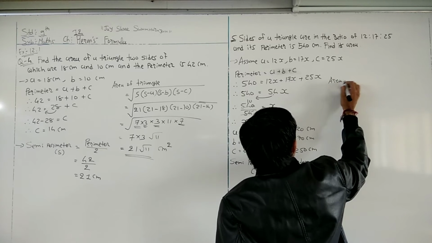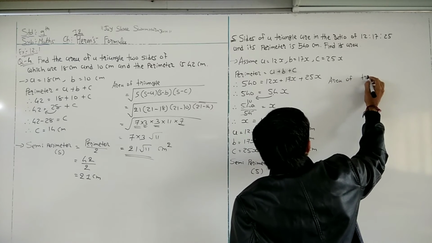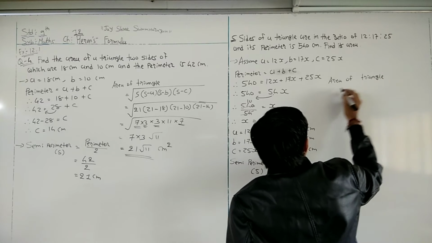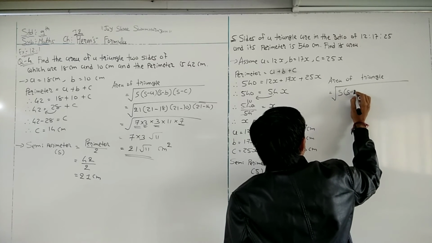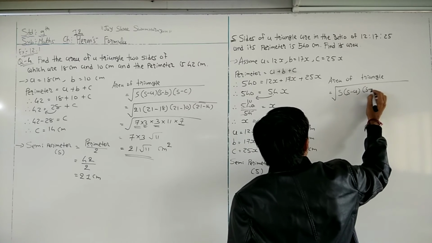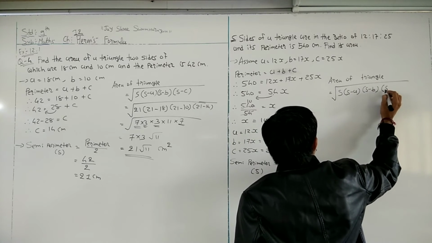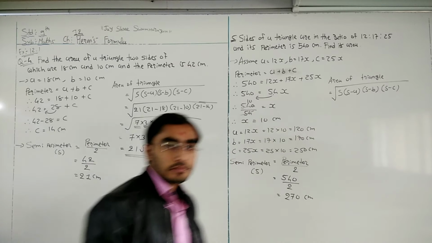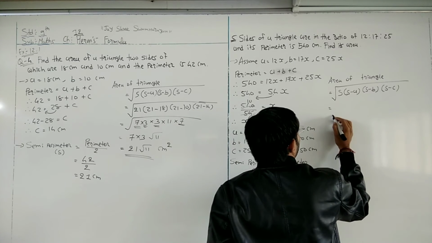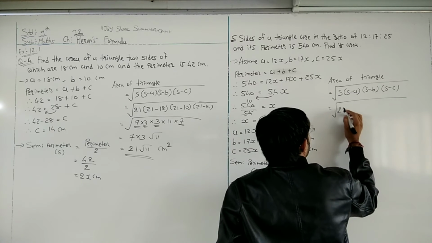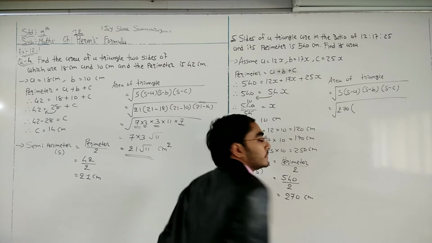So here area of triangle is equal to square root of S into S minus A, S minus B, S minus C. Okay. Now semi-perimeter S that we know, 270.